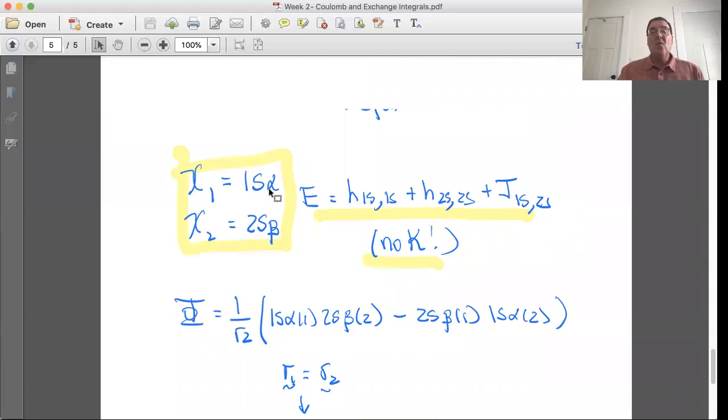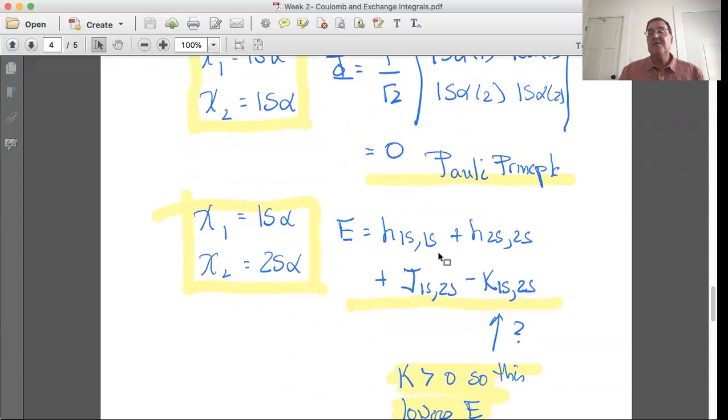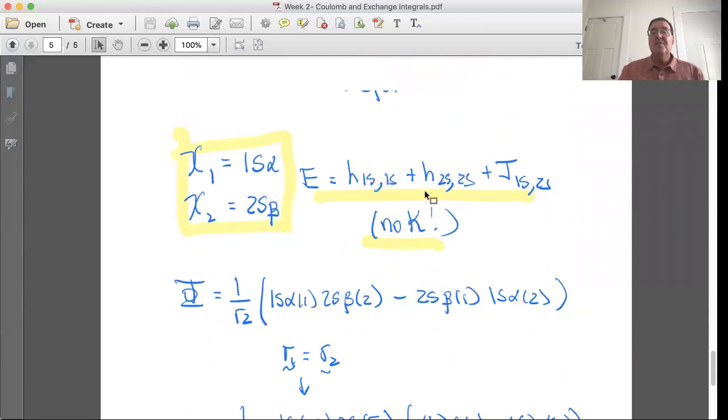If instead you had written 1s alpha, 2s beta, so it's still one electron to 1s, one to 2s, but with different spins, you get an energy term that looks like this. If the spatial orbitals are the same, this term would be the same as the above. This term would be the same as below. The repulsion would be the same in both cases classically, but there's no exchange term.